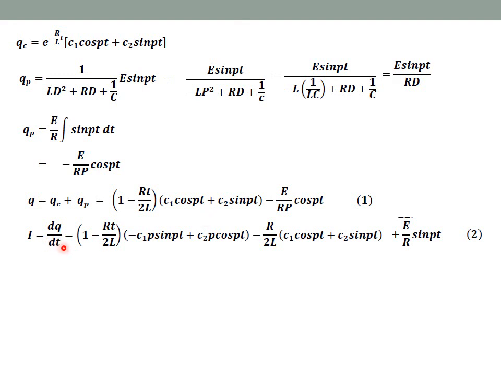Then we have to find out I. I is equal to dq by dt, that is e power minus Rt by 2L into C1, differentiation of the first term, second term. Next, to find C1 and C2, we have to take t equal to 0, q equal to 0 and I equal to 0.